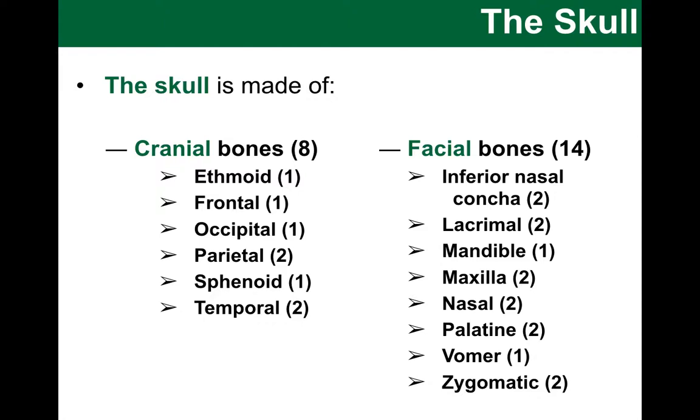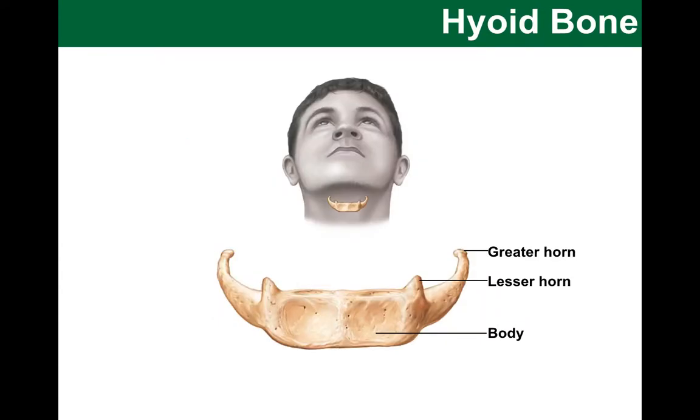That has been a lot that we have covered so far, and I am going to highlight a few other structures very briefly. Notice that below the skull, at the neck, we have one more interesting bone that we should be highlighting, the hyoid bone. Interestingly, this bone does not articulate with other bones.